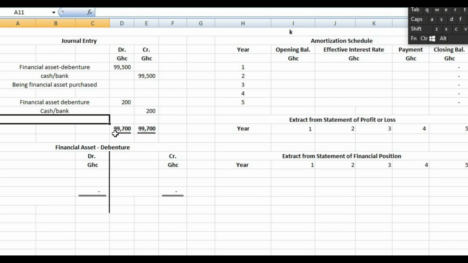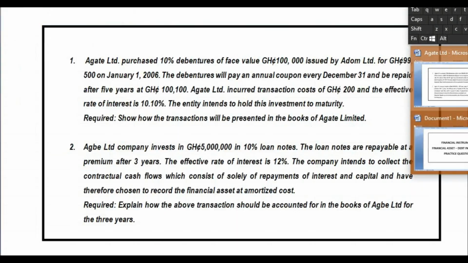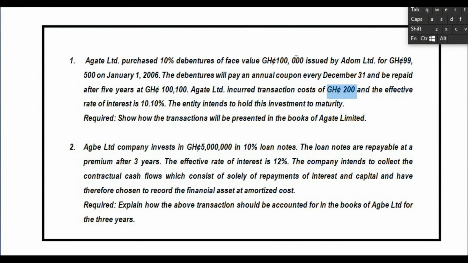So at inception, the value of our financial assets will be 99,700. So let's make a quick review. The face value of the asset itself is 100,000, but it was sold to Agate Limited, or Agate Limited bought it at 99,500, which means it was discounted. And also Agate Limited incurred a transaction cost.